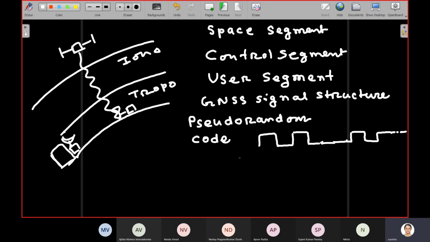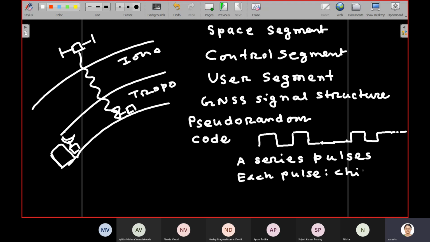So basically a series of pulses, and each pulse is called a chip. So basically the code is a series of chips.